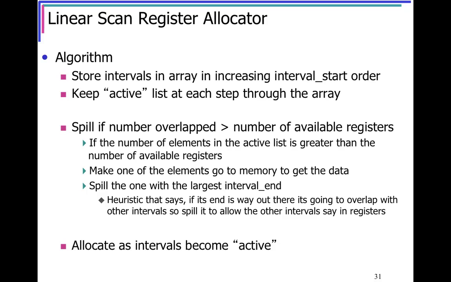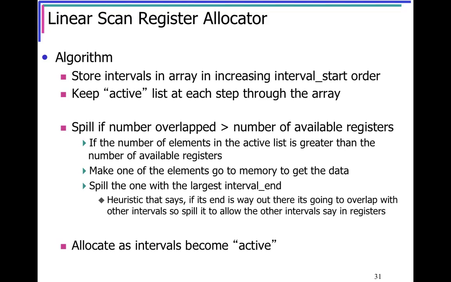And what it's saying is, if I'm going to spill a symbolic register, I want to do it for a variable or a piece of data that's going to live for a long time, and therefore, if it lives a long time, it's likely to interfere with lots and lots of other registers. So I'm going to spill that, so I'm going to reduce the amount of interference, and it's really easy for me to find the element with the largest interval end, because I've sorted my active list in this order.